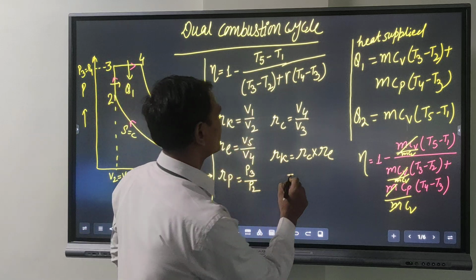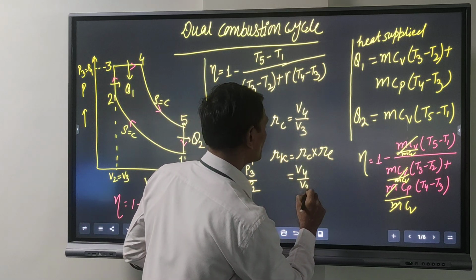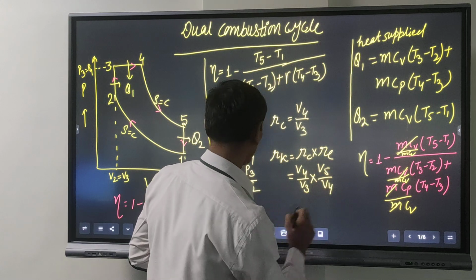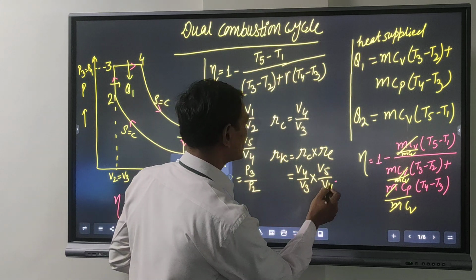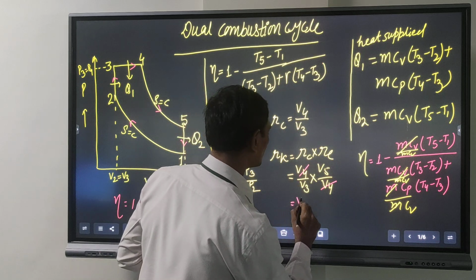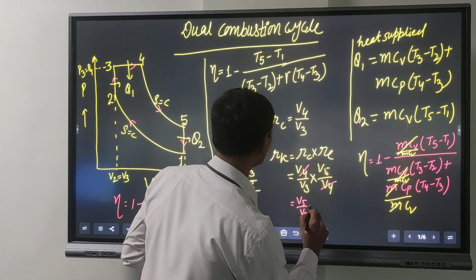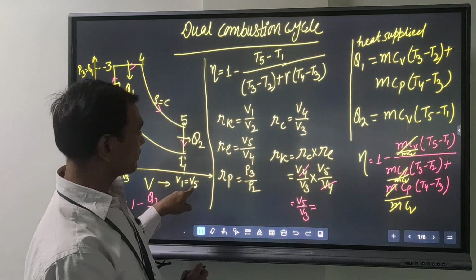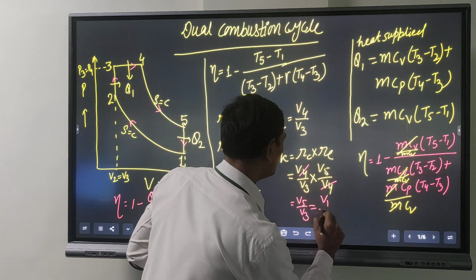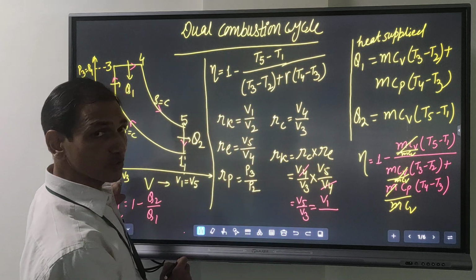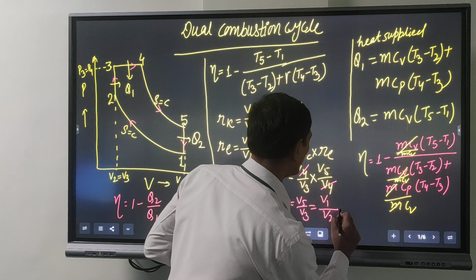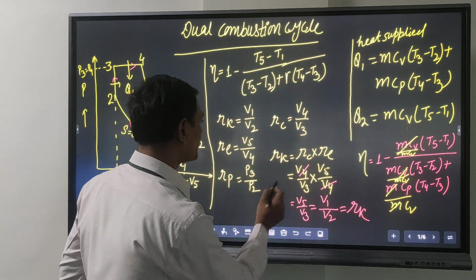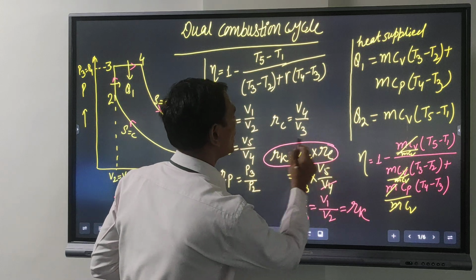RC is V4 by V3, and RE is V5 by V4, and here we cancel V4 and find V5 by V3. Here V5 we can write as V1, and V2 is equal to V3, so here V1 by V2, and this is the compression ratio. So we can write RK is equal to RC into RE.